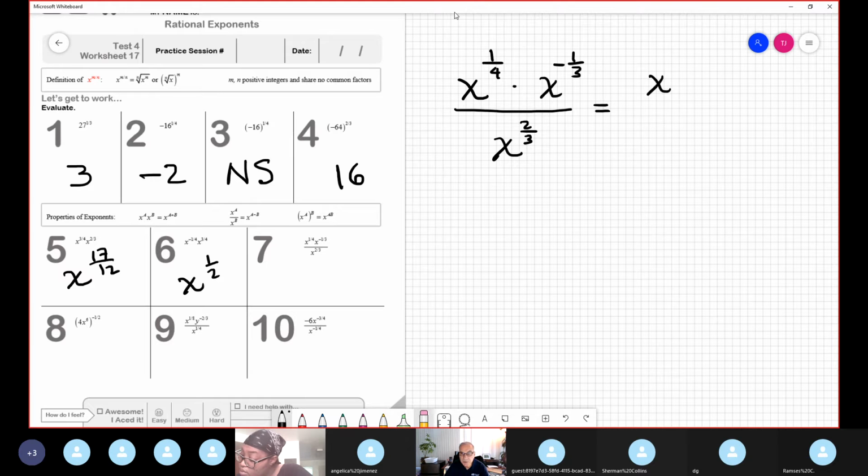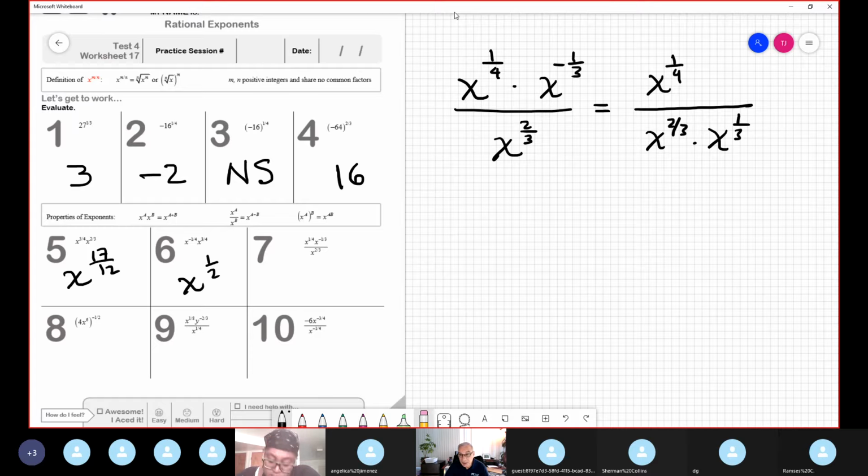This stays the same because it's positive. This stays the same because it's positive. However, I change this to positive 1/3 in the bottom. So you move it from the top to the bottom and change the sign. So everything is positive. In my opinion, it's much better, more understandable.